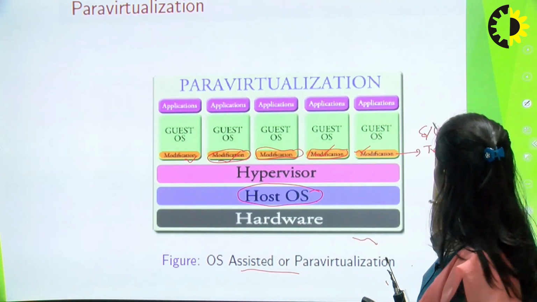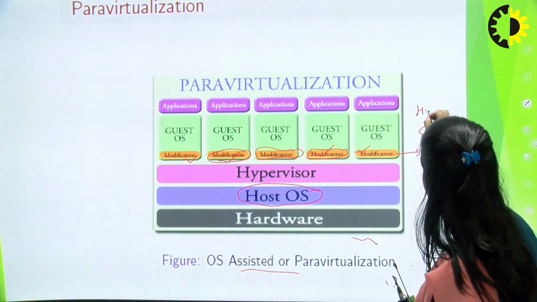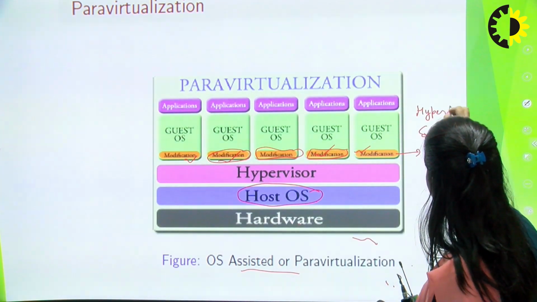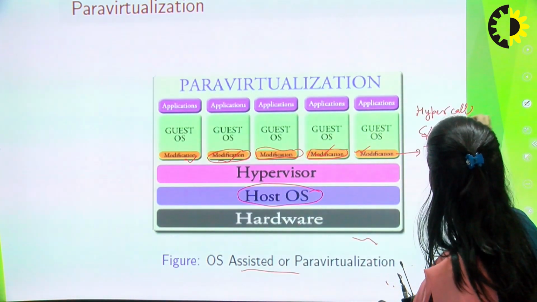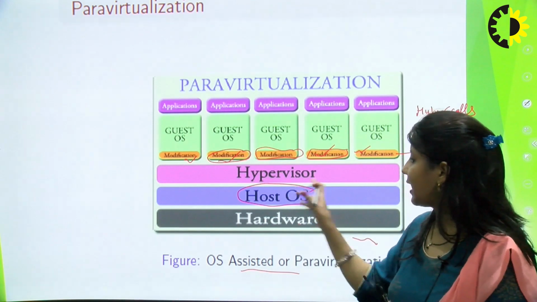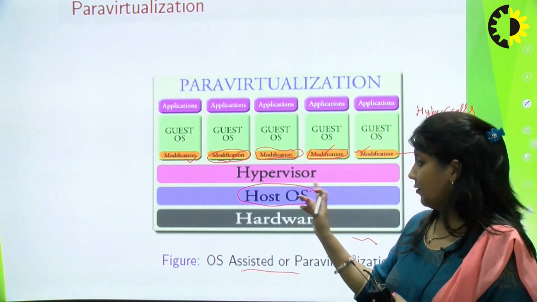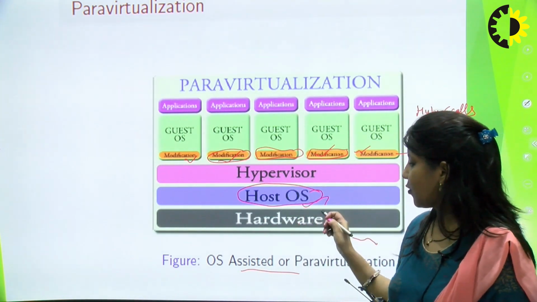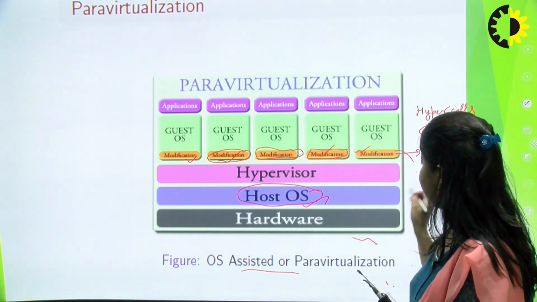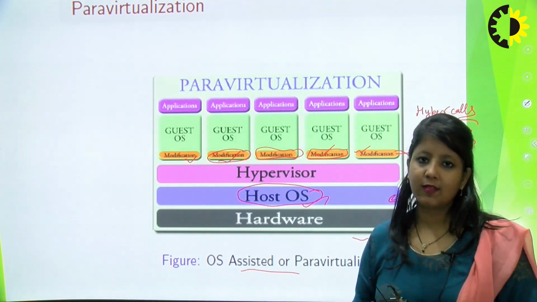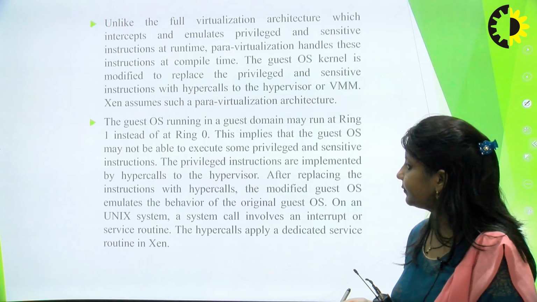So in this case hypercalls will be there, because the system calls, or we can say hypercalls, will be generated and the hypervisor will handle those traps. And in case of the host operating system, the instructions will run in host OS mode, machine mode.